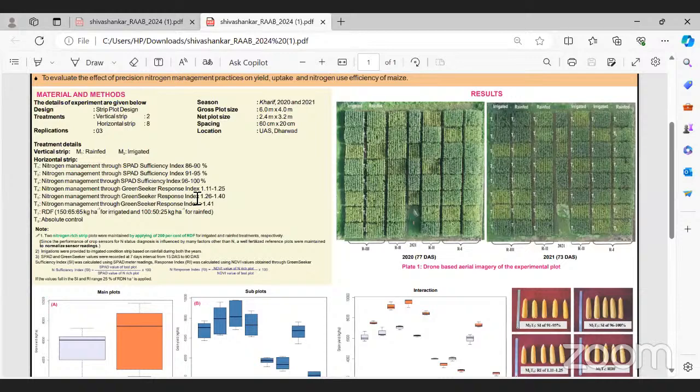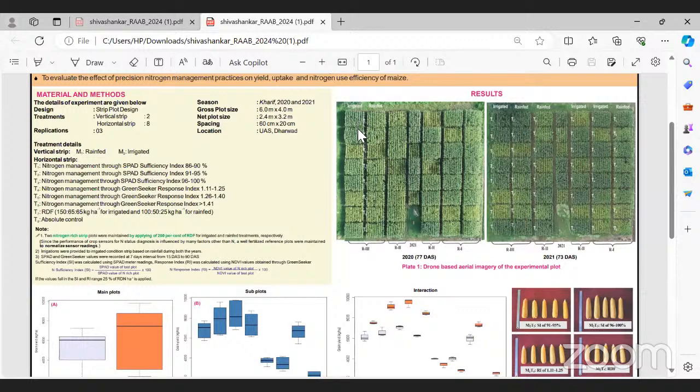Whenever the response index falls in the range of 1.11 to 1.25, 1.26 to 1.40, or more than 1.41, 25% of the recommended amount of nitrogen is applied to the plot. These are the aerial drone based images which were taken during the crop growing season.